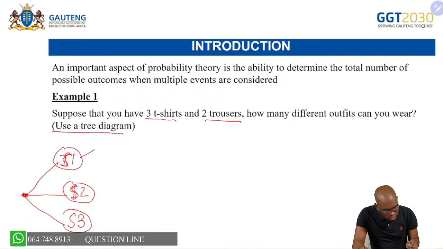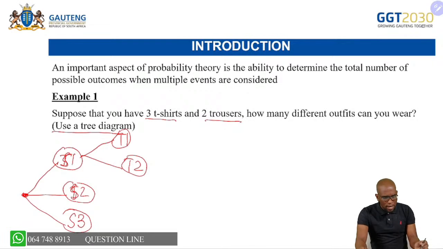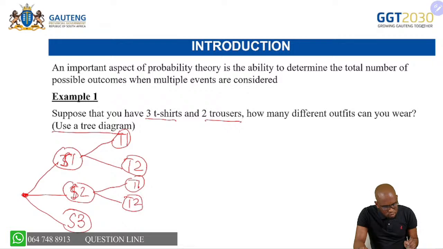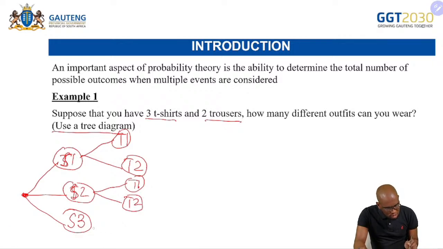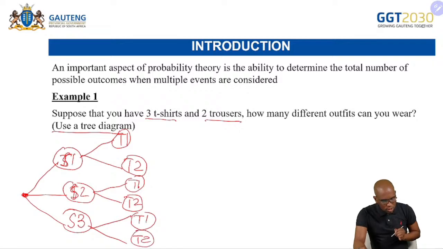You can wear t-shirt 1 with trouser 1, or t-shirt 1 with trouser 2. However, if you decide to wear t-shirt 2, you can wear it with trouser 1 or with trouser 2 as well. If you decided to wear t-shirt 3, you can wear that with trouser 1, or with trouser 2. That is how we represent that in our tree diagram.